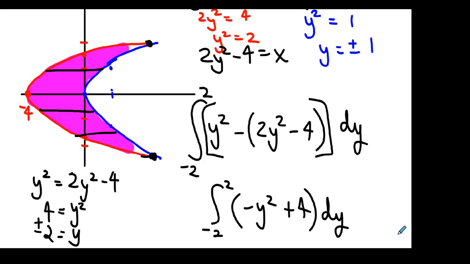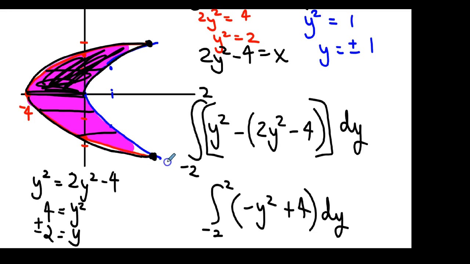Do you see any symmetry in this figure? Yes. Do you think that the area of this part up here, how does it compare to the area of this part down here? They're the same.